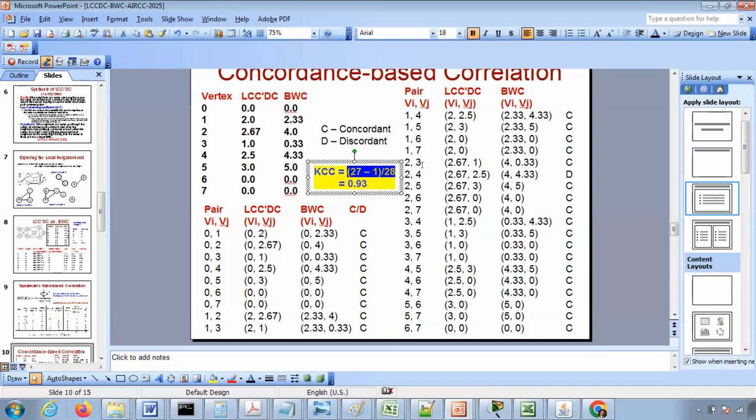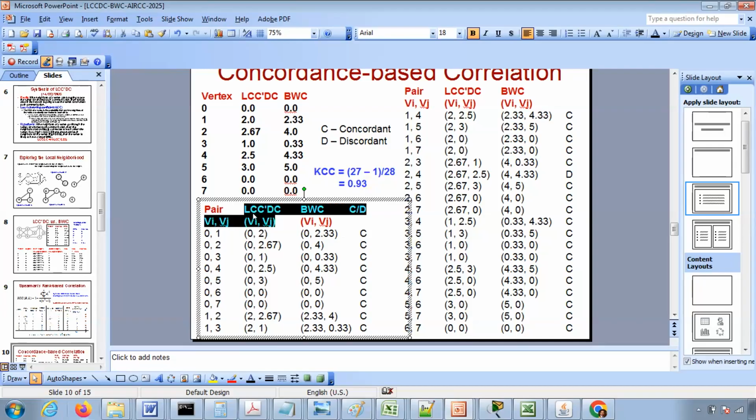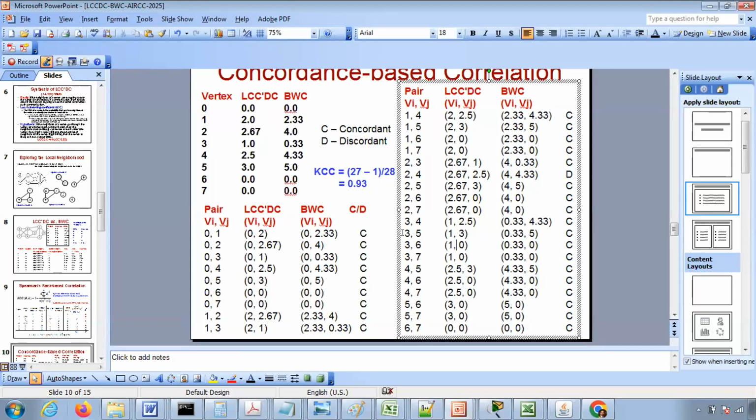That means if I want to just compare two vertices and find out whether the betweenness centrality of Vi will be greater than that of Vj or not, it's sufficient to find the LCC prime DC of the two vertices and compare them. So for example, if I want to know whether the betweenness centrality of node 3 will be greater or less than that of node 5, compute the LCC prime DC of nodes 3 and 5.